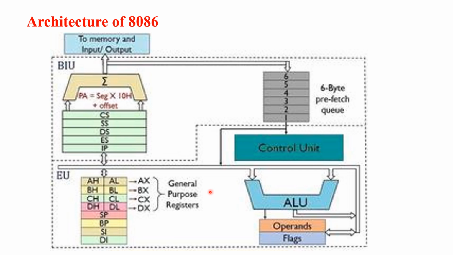Some important ones are: accumulator register, often used in arithmetic operations; base register, used for addressing; counter register, often used in loops; data register, often used in multiplication or division; control flags. These flags indicate the status of the operation, like zero, carry, or overflow.